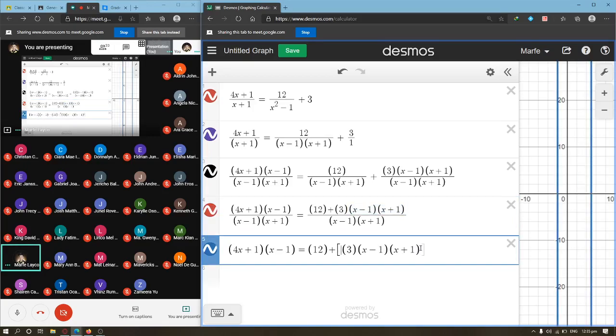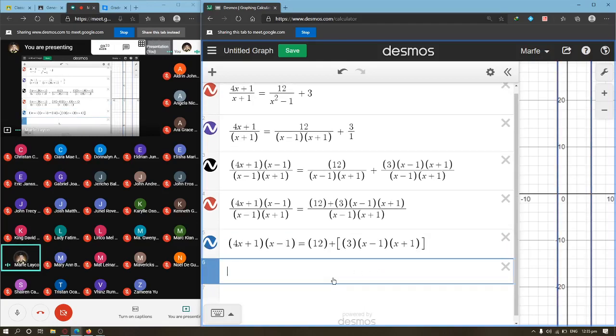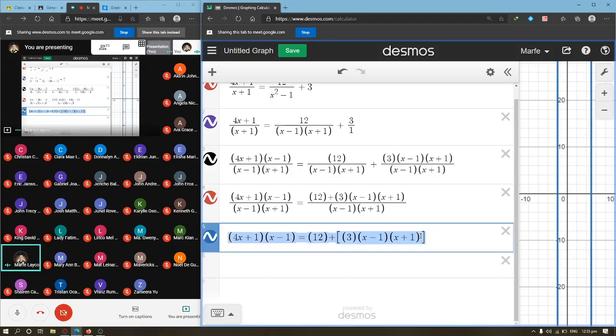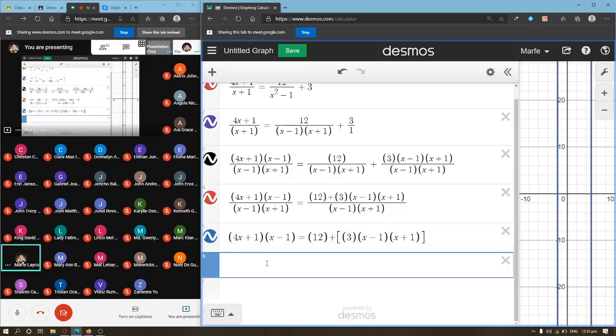So, ito, i-multiply muna natin siya sa 3. Okay. Ganyan na lang muna yung titignan natin. Since pares naman yung denominator nila, ito yung titignan natin. I-simplify natin ito. So, simplify natin. 4x plus 1 multiplied by x minus 1.